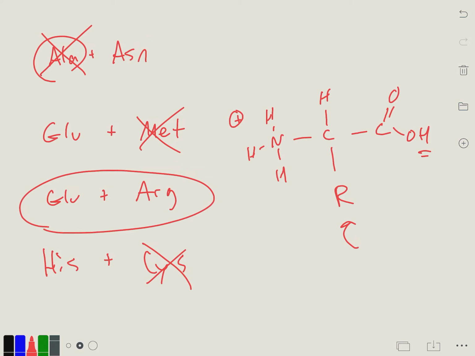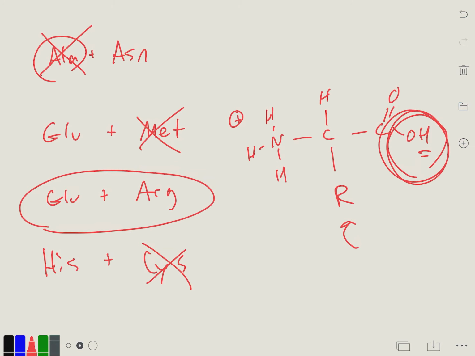Glutamine becomes glutamic acid, and glutamic acid can lose a hydrogen and be called glutamate. Sometimes glutamate and glutamic acid are talked about like they're different amino acids. They're not. Glutamic acid is the same amino acid as glutamate. Glutamic acid is just what it is called at low pH, when it has its hydrogen on the carboxyl side.